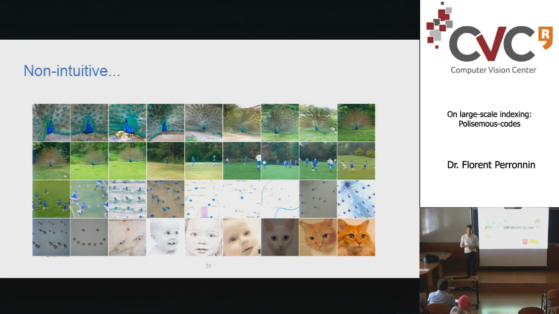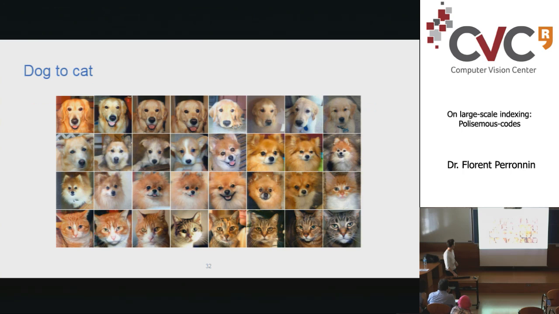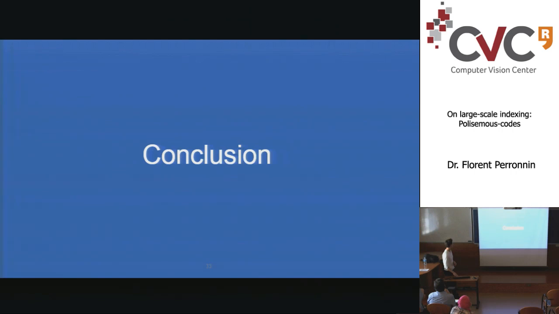Again, this was just for the fun of it. And dogs to cat. Again, a fairly natural transition happens here between this and this. All sorts of things you can do from large quantities of data.